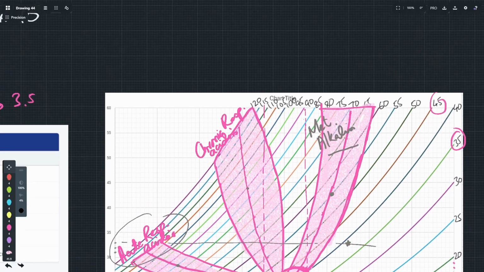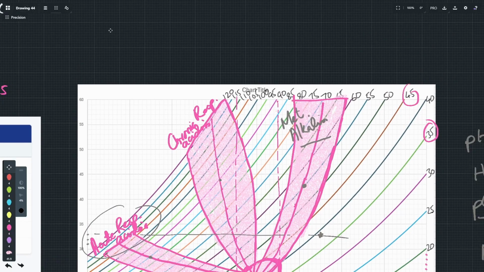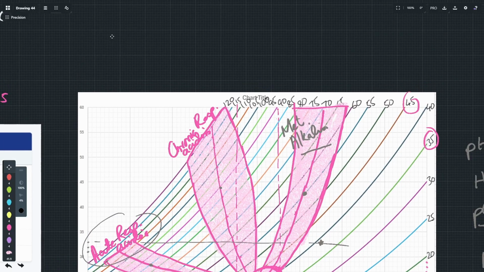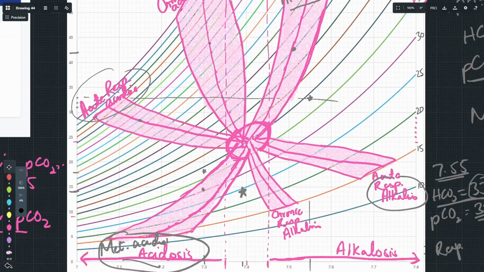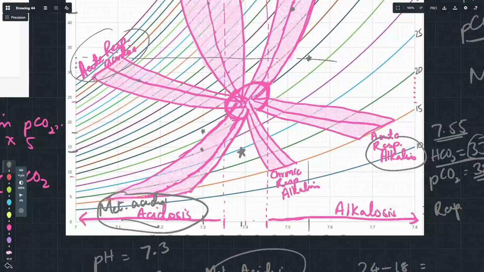So for the last scenario, pH is 7.42, 0.02 units higher than the ideal 7.4, and HCO3 is 42 and PCO2 is 67. So 42 would be here, and 7.42 would be here.